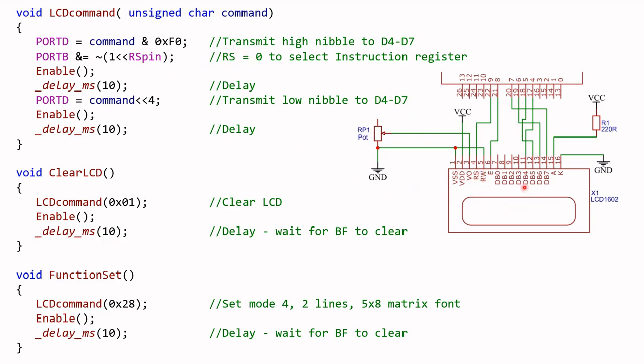That will select the instruction register. Then we need the enable signal. I'll come to that in a few moments. Then we need a delay of 10 milliseconds. I'll explain the 10 milliseconds in a few moments. And then we send this line of code here to move. Remember, we are operating in 4-bit mode, so we need to move or transmit the low nibble D4 to D7, and then enable it, and then delay it. Don't worry about the enable and delay part. We'll come to that soon.